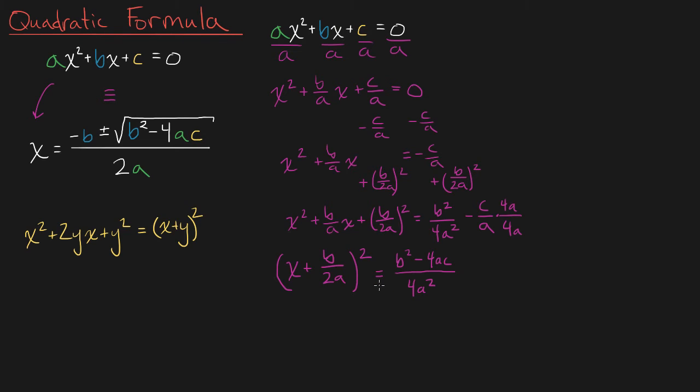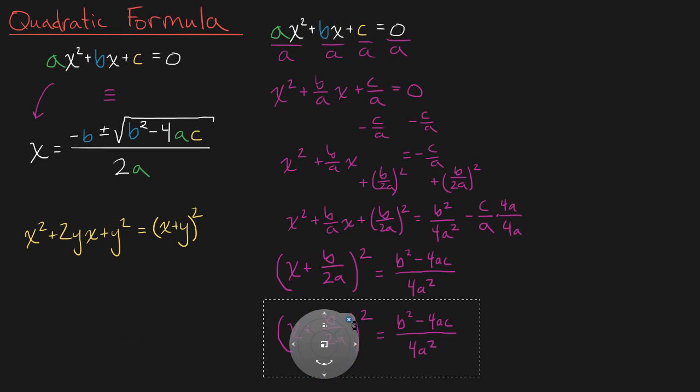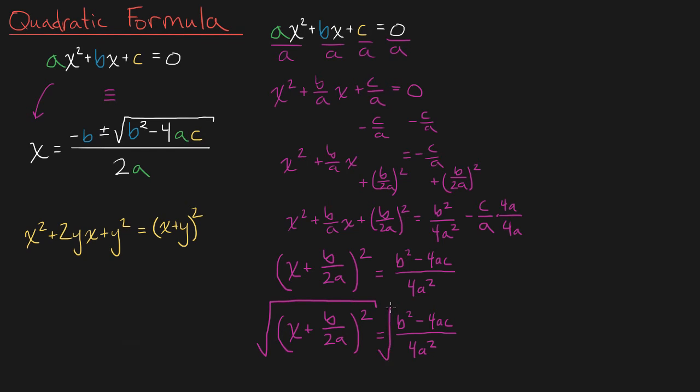The next thing that I want to do is take the square root of both sides of this equation. And so let me copy this down so it's clear what we're doing step by step. So I'm going to copy this down to the next level, move it down, and now I'm going to, like I said, take the square root of both sides of this equation.